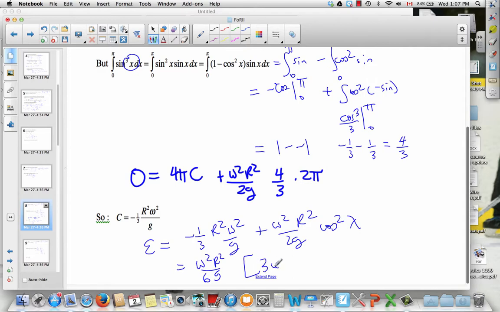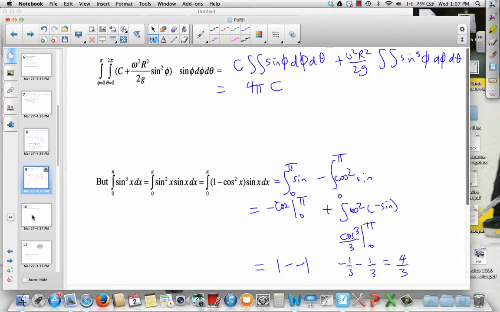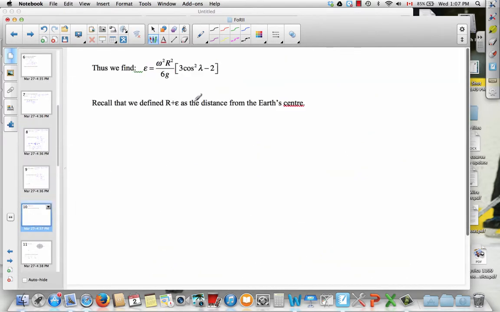Taking out a 6 leaves me with 3 cos squared lambda, and taking a 6 out of here leaves me with minus 2. So this is an expression for the variation from circularity over the surface of the Earth. And it varies with the cosine squared of latitude.